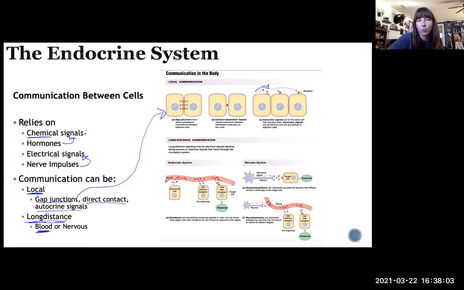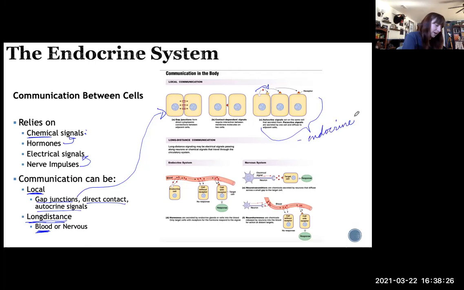Okay, so basically reiterating a bunch of stuff here, okay? Ways that cells are able to communicate to each other, whether they are right next to each other or whether they are farther away. So this type of signaling is really where the endocrine system shines.